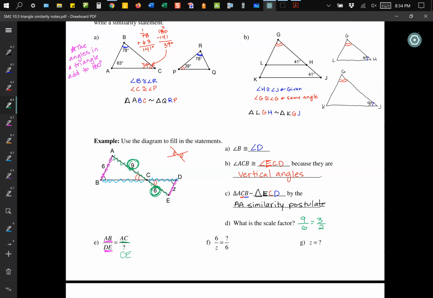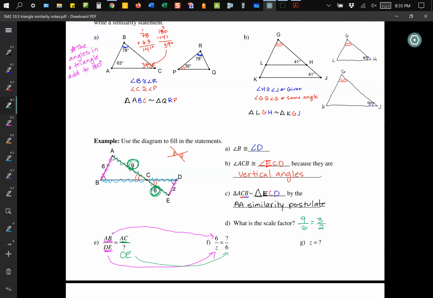Okay, then I have numbers plugged in for this. AB was 6. DE was Z equals blank over CE was the 6. Sorry, I'm messing up the colors a lot.